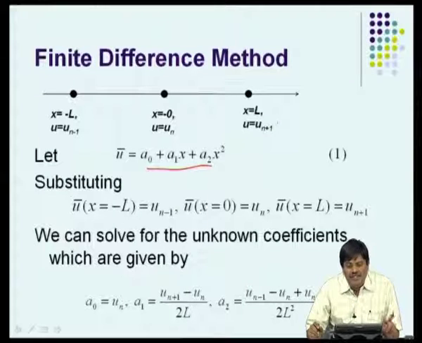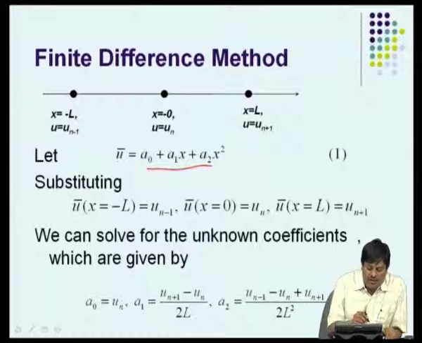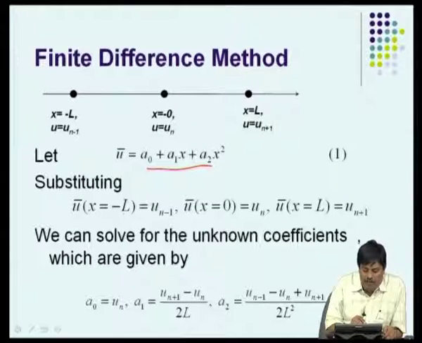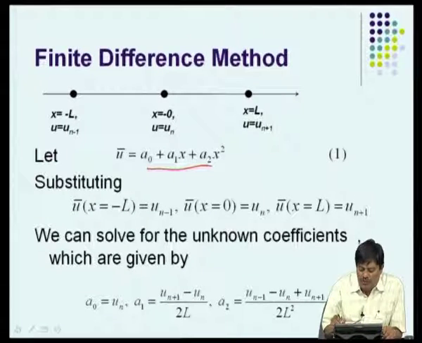So, the first thing is we need to relate this approximate solution to the nodal quantities un minus 1, un and un plus 1, which are located at minus L, 0 and L. So, we substitute at x equal to minus L, the quantity is un minus 1, at x equal to 0 it is un, and at x equal to L it is un plus 1.